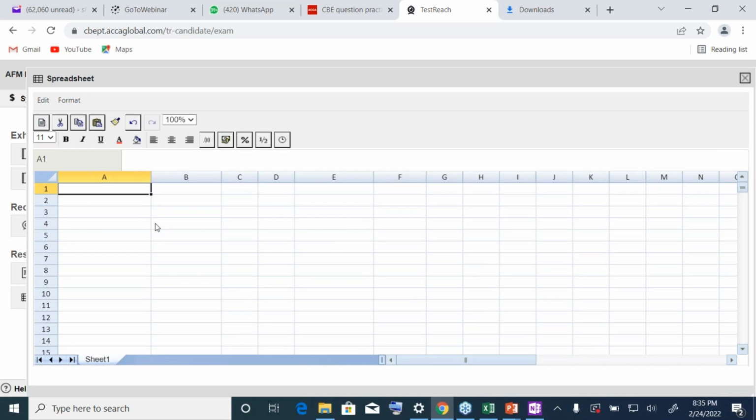Okay, part A, let's solve part A. Let's solve the first part, that is the forward contract.